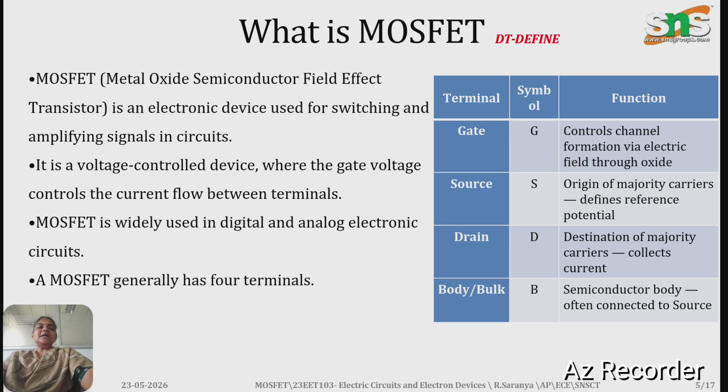It has three terminals: gate, source, and drain. The gate controls the channel formation via electric field through the oxide. The source is the origination of the majority carriers, defined as a reference potential, and the drain is the destination of the majority carriers. The carriers start from the source and go towards the drain, and the drain is where the current is collected. It also has a bulk body, which is the semiconductor body, often connected to the source.